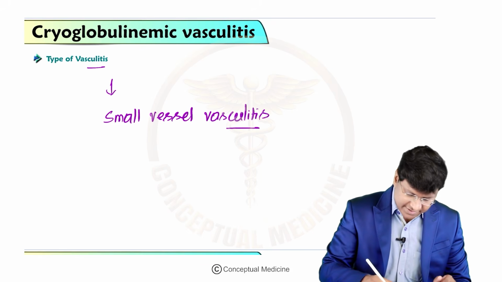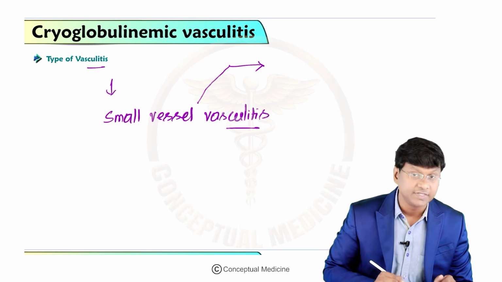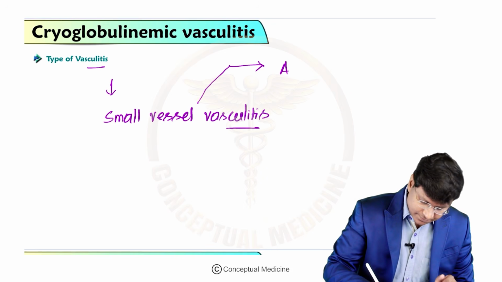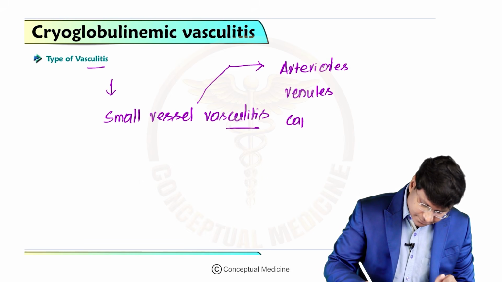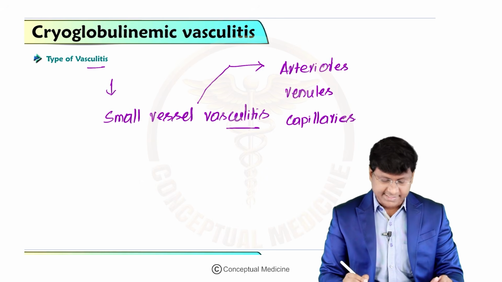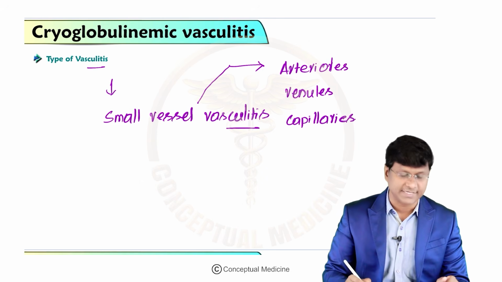So what are those small vessels which are affected? That includes arterioles, venules, and then capillaries. These are the structures which are affected in small vessel vasculitis.